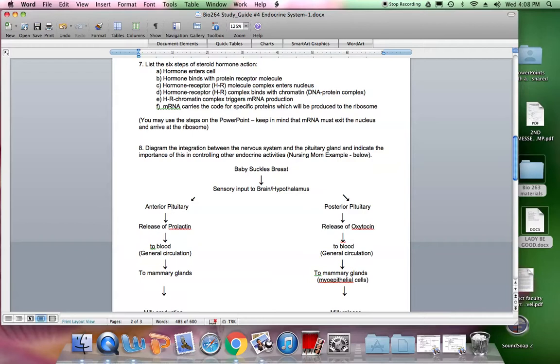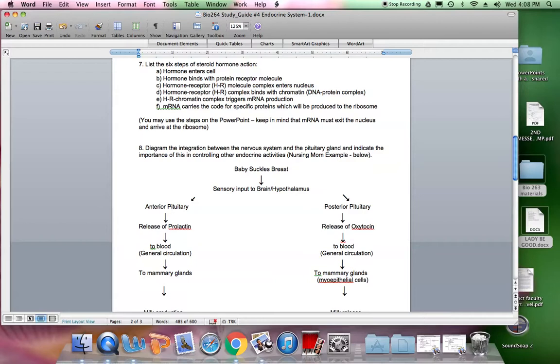So it's showing you the central nervous system is involved because when the baby suckles the breast, or if the mother hears a baby crying, that provides sensory input to the brain, starting with the cerebral cortex, or if it's auditory, over in that area. Then it goes to the hypothalamus.